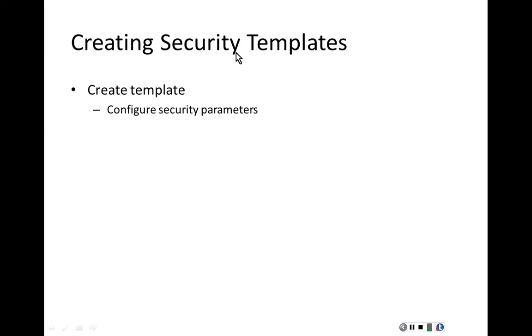So to create a security template, you create the template and then you configure the security parameters. To create the template, you open a Microsoft Management Console and then you add the template snap-in.